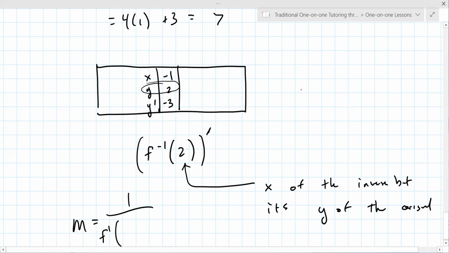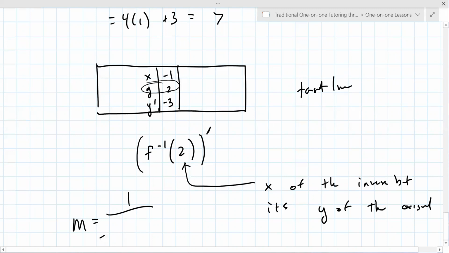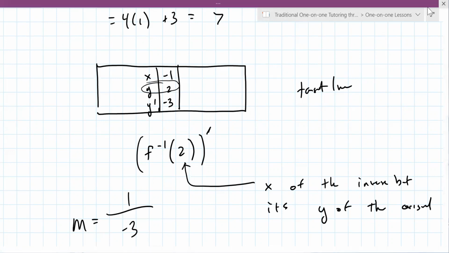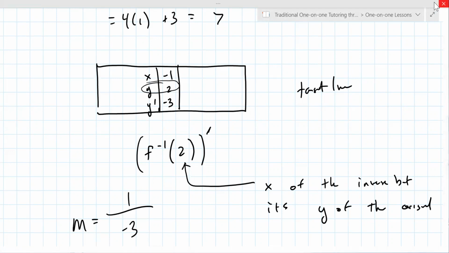So if you're talking about your tangent line of the inverse, they're actually the same because they use the same point. They touch right there. So it ends up being 1 over -3 as your slope, because that's the only derivative value you have for that x and y value.